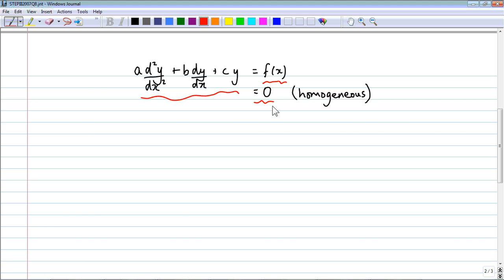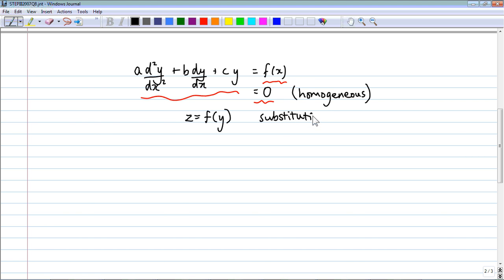I'm not going to go into details on how we do that, but I also want to mention another thing that you should have learned, the idea of a substitution.